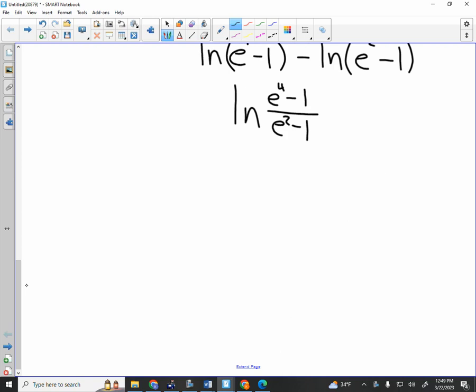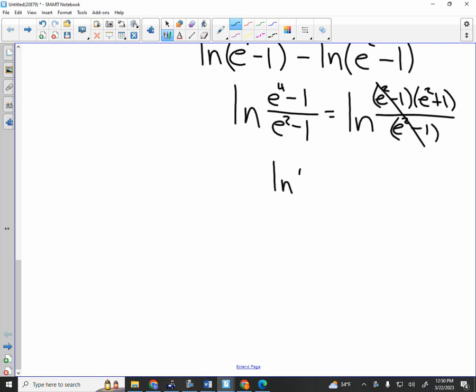You also have the difference of 2 squares on bottom, but that's not going to help us. It's the natural log of e squared minus 1 times e squared plus 1 over e squared minus 1. Notice how those cancel. You get the natural log of the quantity e squared plus 1. That is your answer.